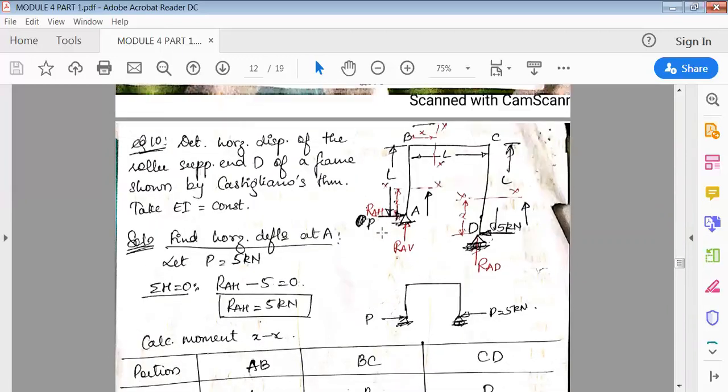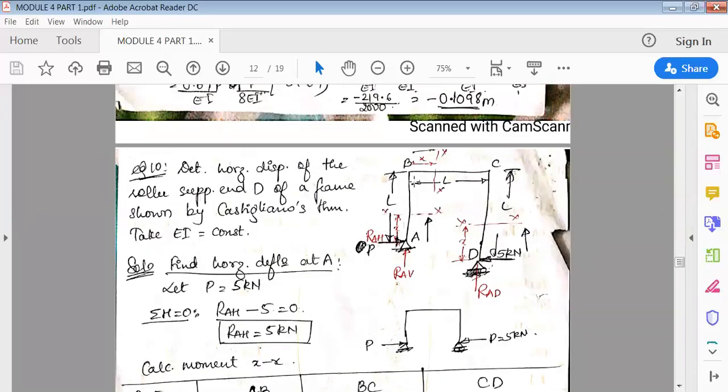Next, we'll find the moments. The first thing, in the AB portion, I'll cut the section like this. In AB there are two forces. When I cut the section at a distance x from end A, there is RAH, which I already found, that is 5 kilonewton.